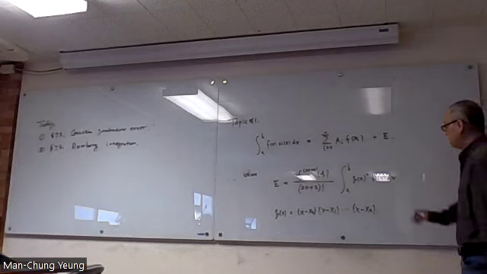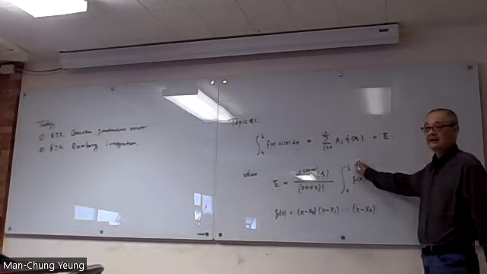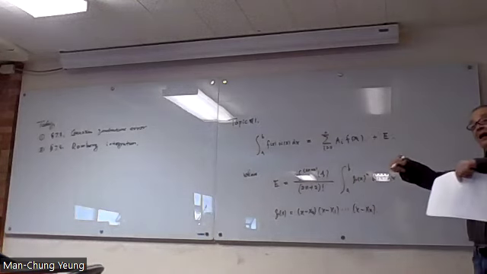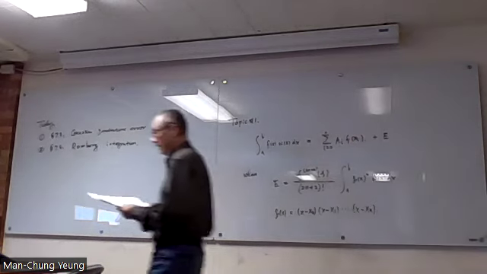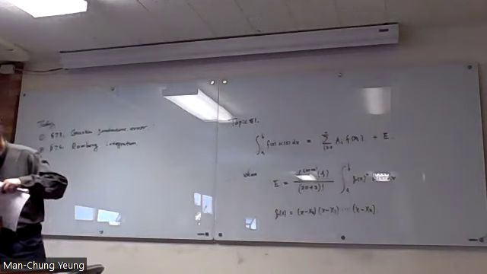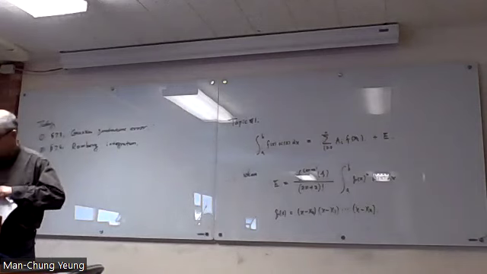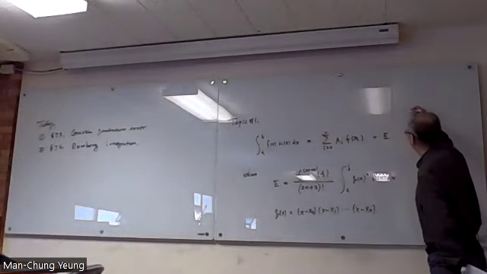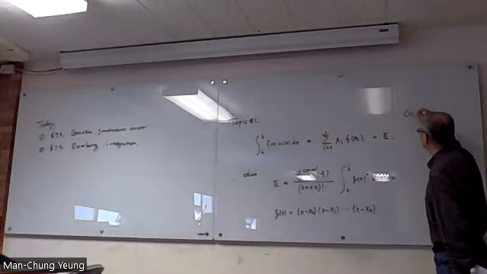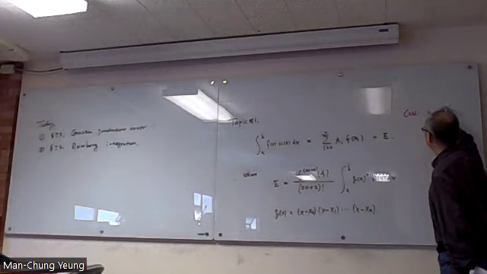A special case is when the interval ab has length less than 1. This is a remark in my notes. The case b minus a less than or equal to 1.